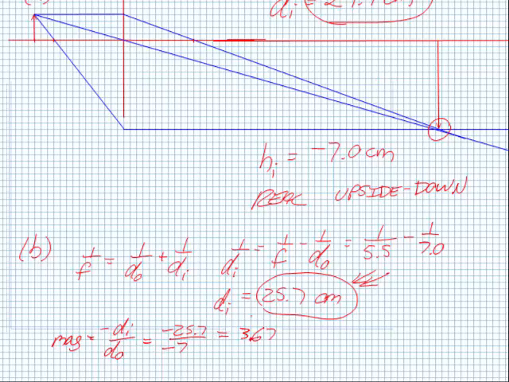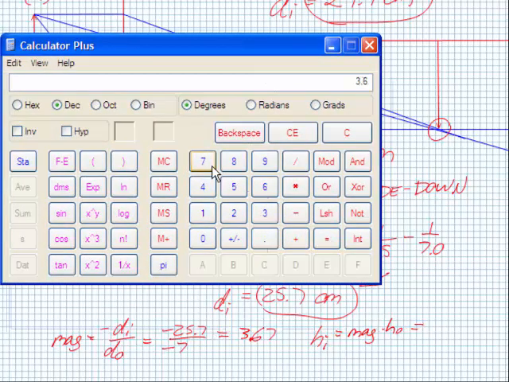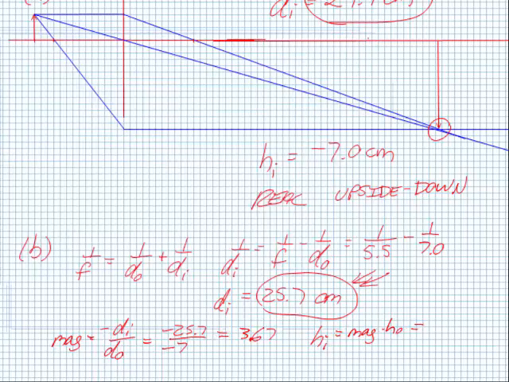Or 3.67 rather, as our magnification, and that would be negative 3.67, and therefore our height of the image is the magnification times the height of the object. The height of the object was 2 centimeters, so that gives us 7.3 centimeters as the height of our image.